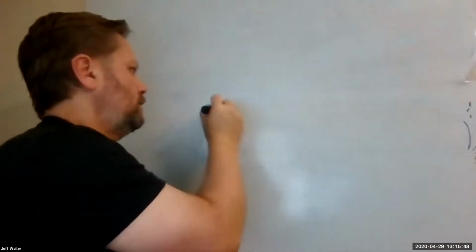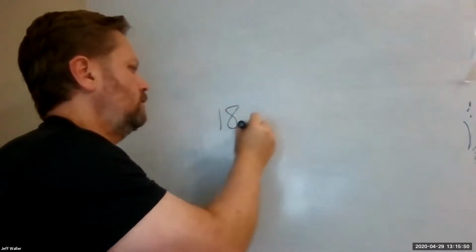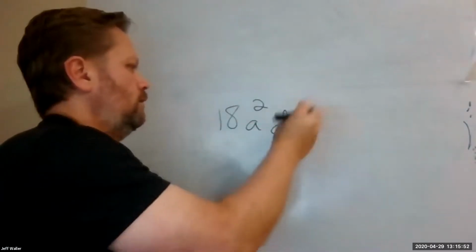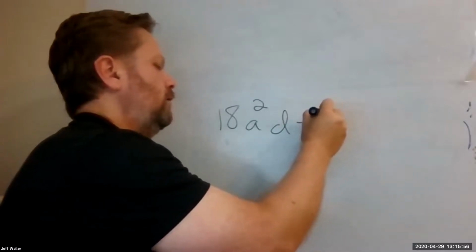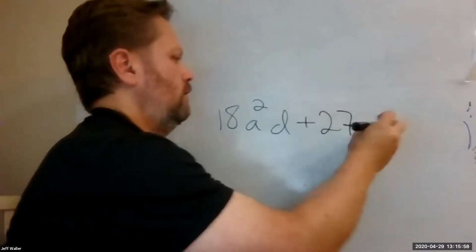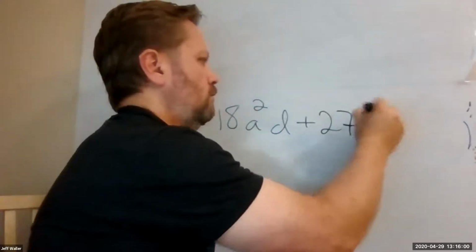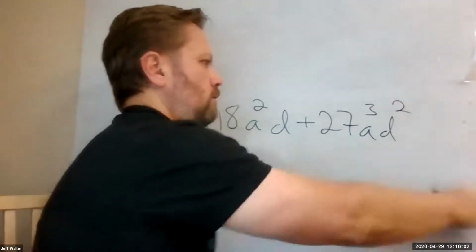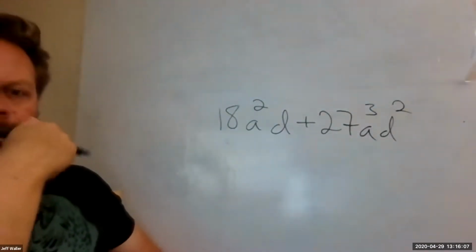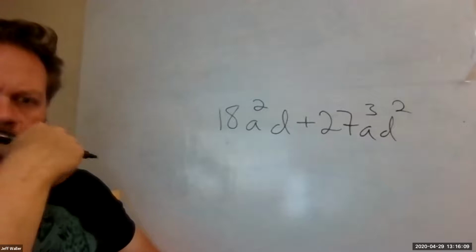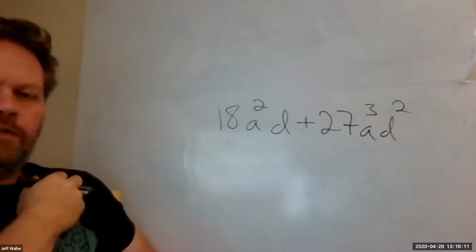What about 18a squared d plus, what do you got, Jeff? 27a cubed d squared. So take this in stages.